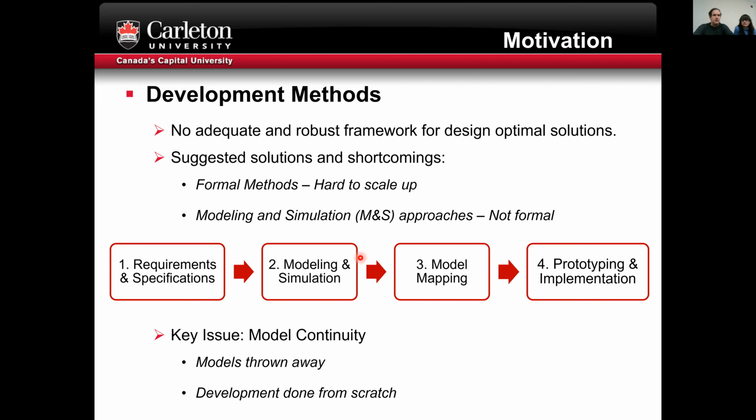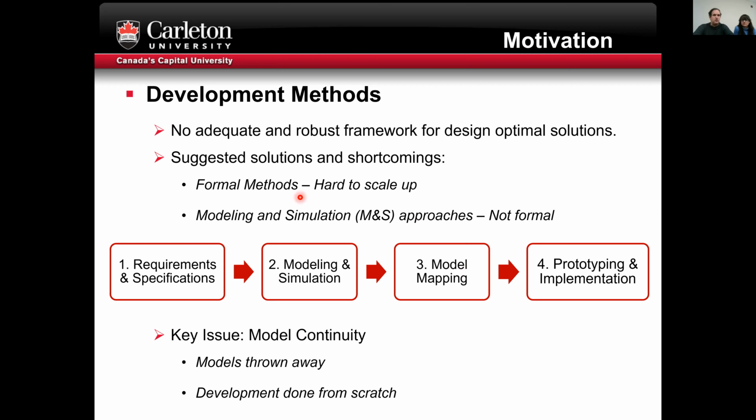But then there's a major issue, because most modeling and simulation approaches are not formal. So you need to come from the model and simulation world and build models that can be mapped into hardware. This is another step that is far away from modeling and simulation.